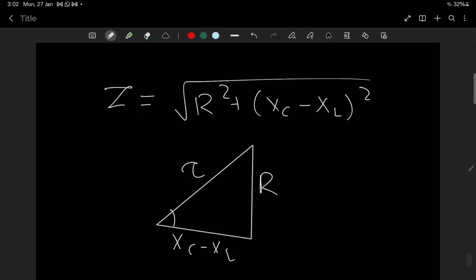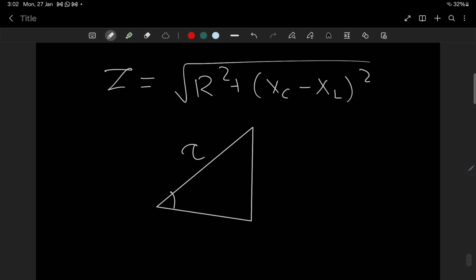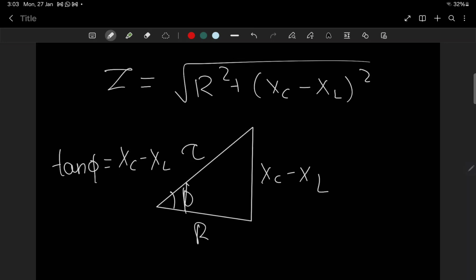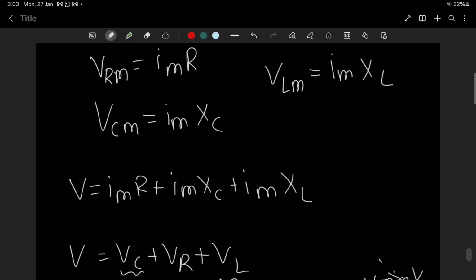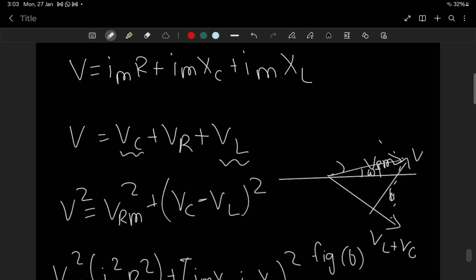Sorry, one second, the opposite way. Here Xc minus XL, here phi. Therefore tan phi equals Xc minus XL by R. So this is the derivation of the LCR circuit. Now if XC is greater than XL, then phi is positive and the circuit is predominantly capacitive, that is current leads the voltage.